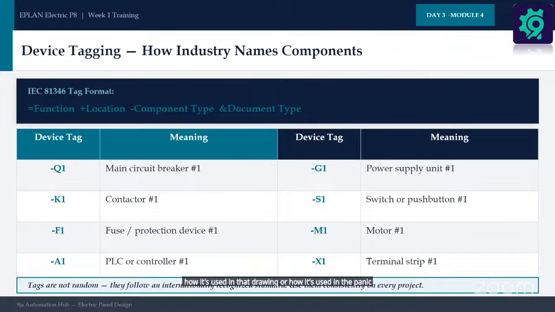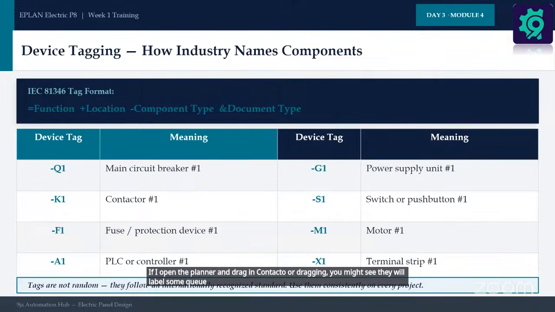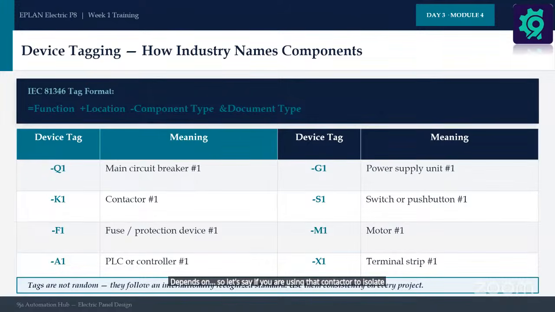If I open EPLAN and drag in a contactor, you might see they will label it Q. It depends. If you are using that contactor to isolate, you want to tag it Q, like when isolating a power system.